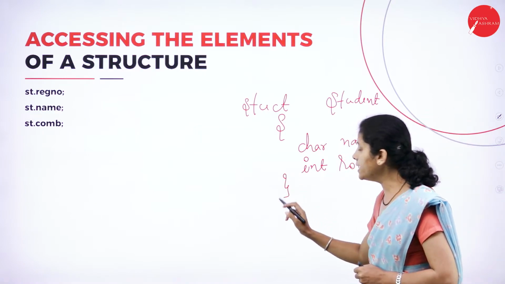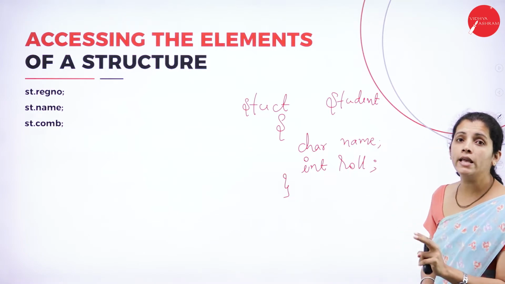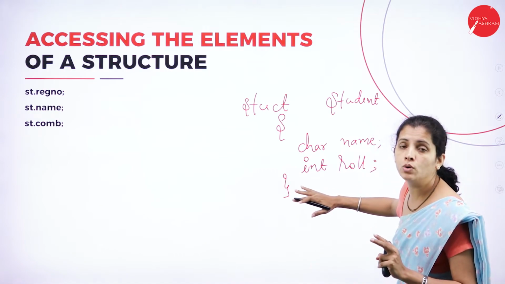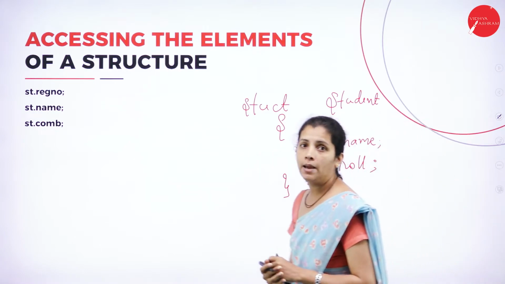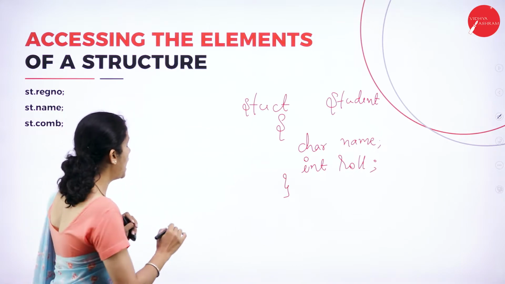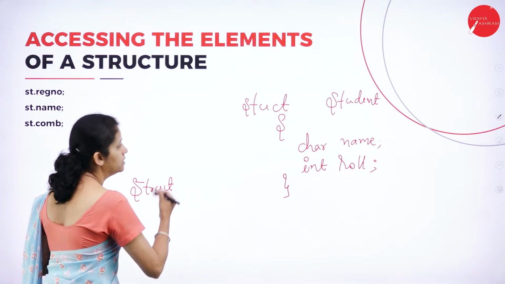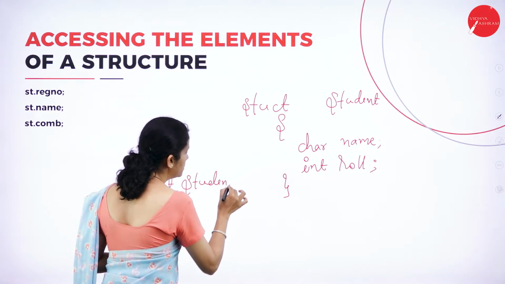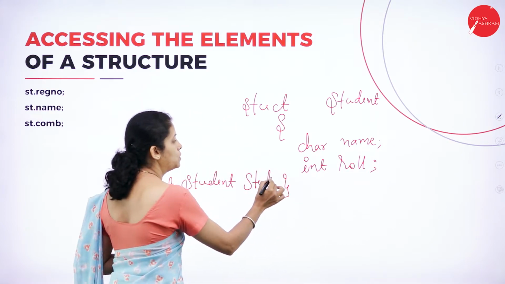Now, dear student, listen here. I can create structure variables in two ways. One is here itself, or I can create the structure variable in my main program. How? First I write the keyword struct, then specify the structure name student and the variable name stud and a semicolon.